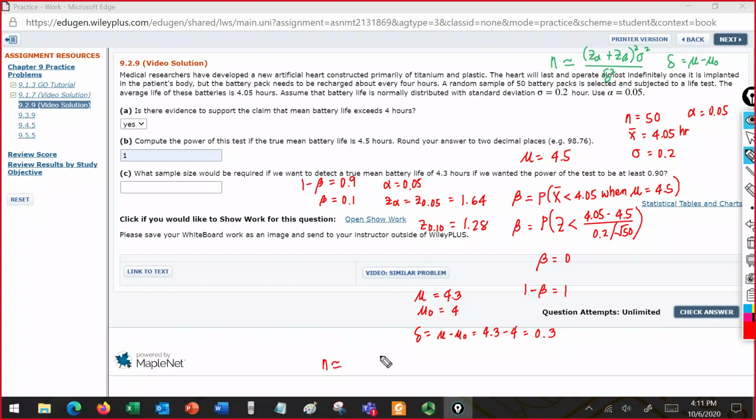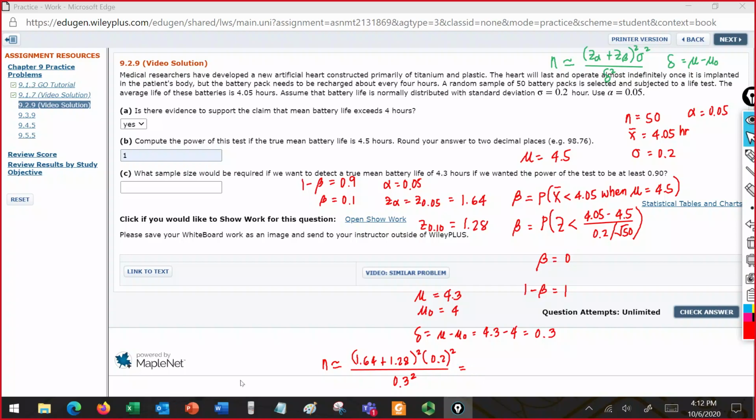And we're ready to compute for the sample size required. 1.64 plus 1.28 quantity squared times sigma squared 0.2 squared all over 0.3 squared.